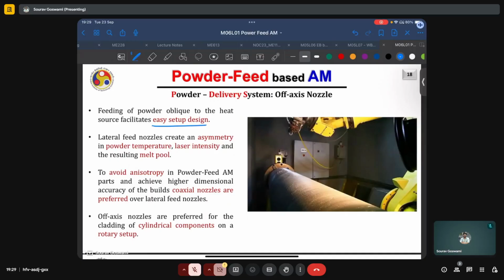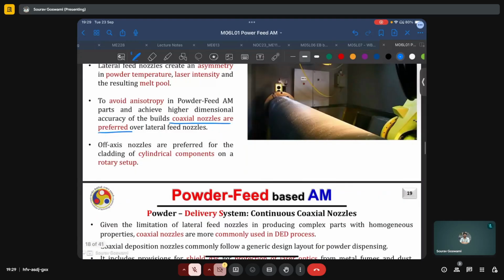To avoid anisotropy in powder feed AM parts and to achieve higher dimensional accuracy, coaxial nozzles are preferred over lateral feed nozzles. However, such off-axis nozzles may still be preferred for cladding of cylindrical components on a rotary setup, similar to the off-axis or lateral wire feeding system that we saw previously.